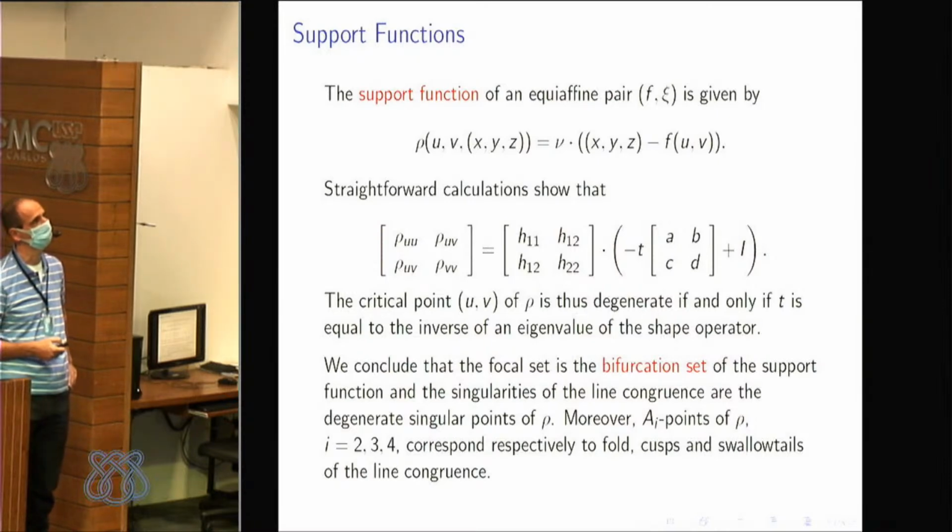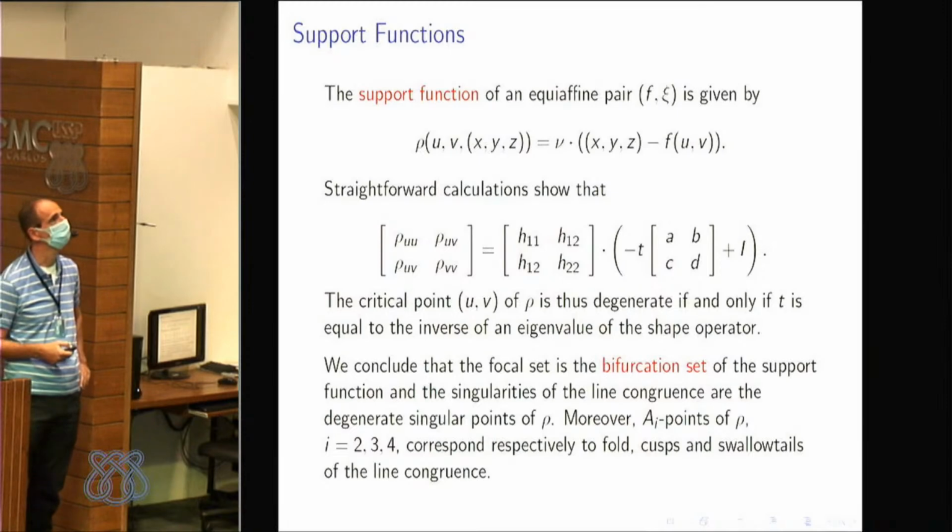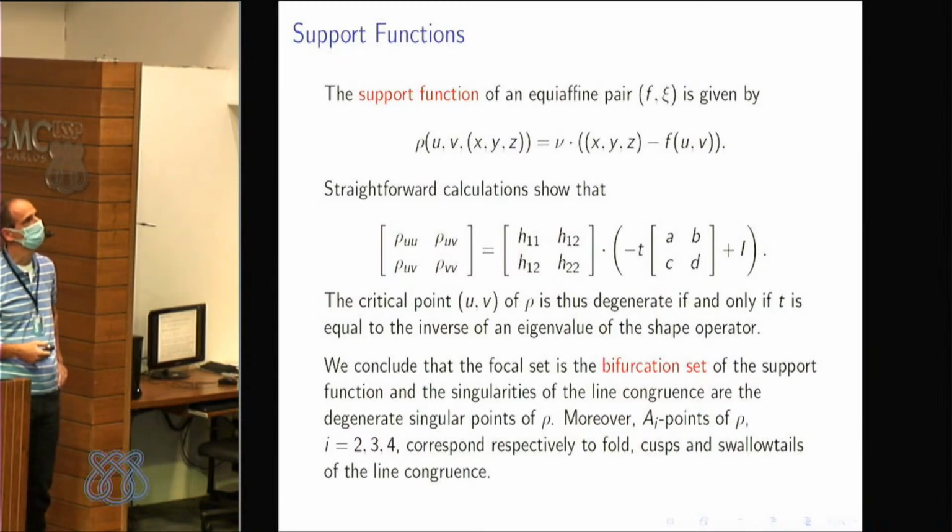This matrix has determinant 0 if and only if p is equal to the inverse of an eigenvalue of the shape operator. So the focal set is the bifurcation set.